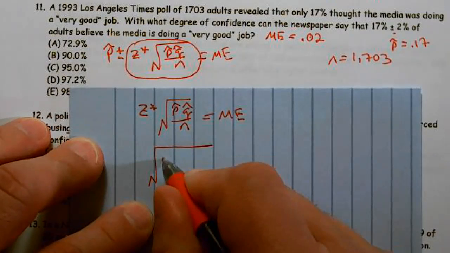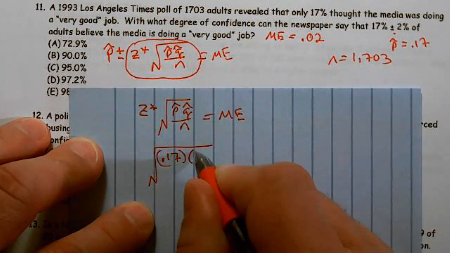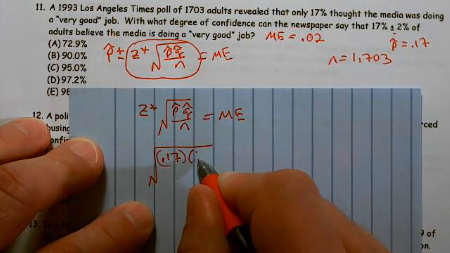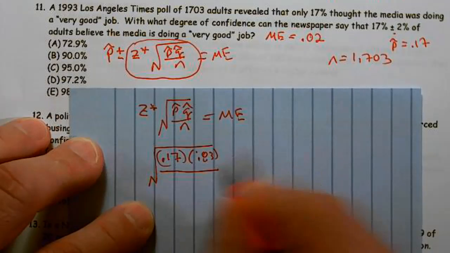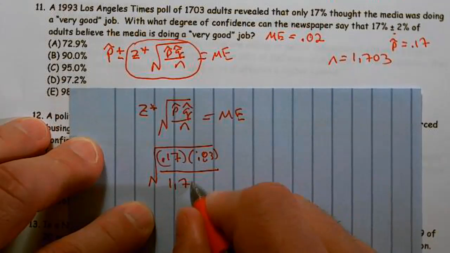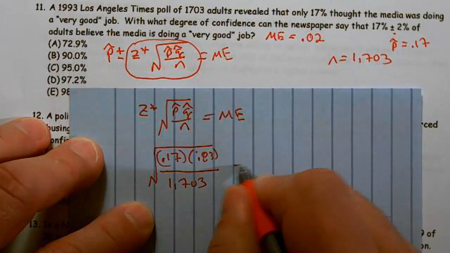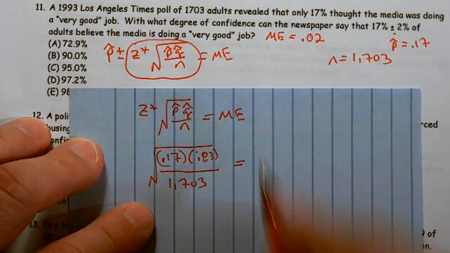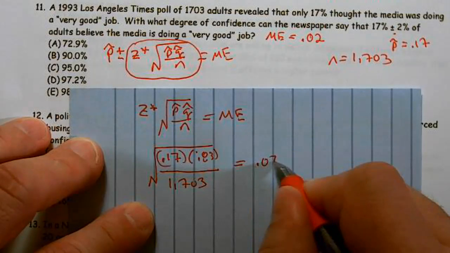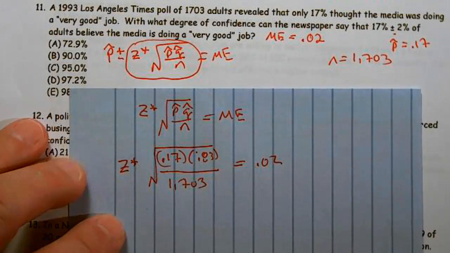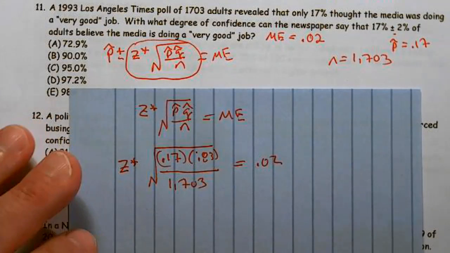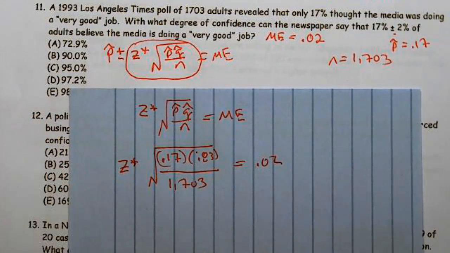Well, we know that p-hat is 0.17. We know q-hat is going to be 1 minus 0.17, which is just 0.83. We know n is 1,703, and we know it equals a margin of error of 0.02. So the only thing I'm missing is my z star. So let's go ahead and calculate z star and see where we're at.